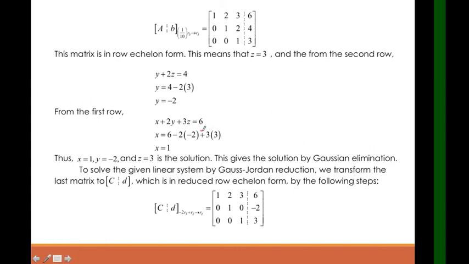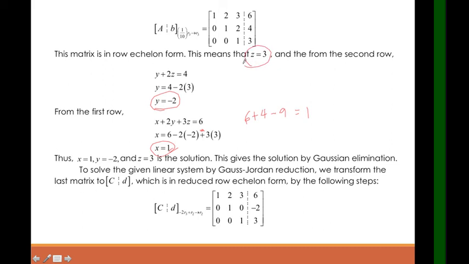Okay, so it's negative 3. So, we have negative 9, negative 4. Tama naman yung answer niya. 6 plus 4 minus 9. The answer is 1. So, x is 1, y is equal to negative 2, and z is equal to 3.